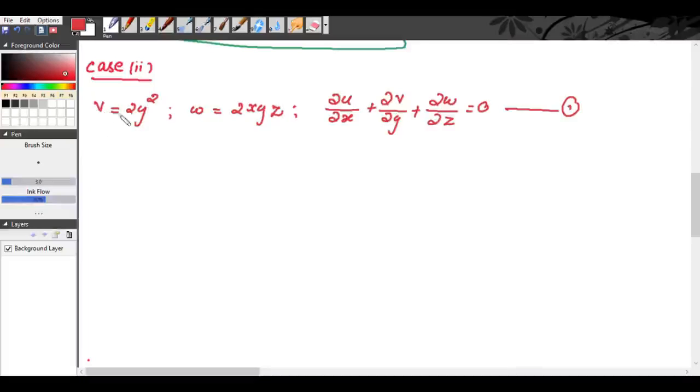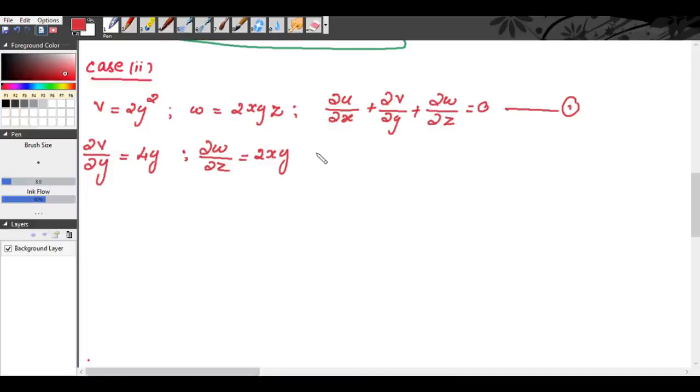So from v is equal to 2y square, which is the velocity component in the y direction, dou v by dou y is equal to 4y. And dou w by dou z is equal to 2xy.